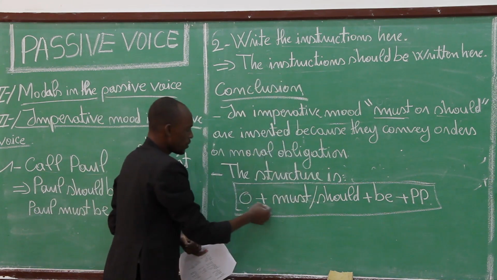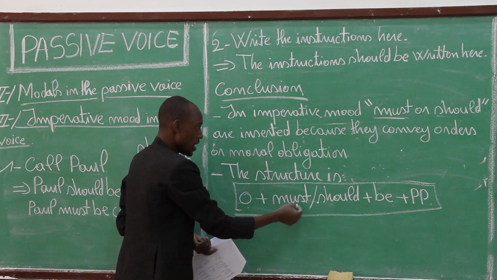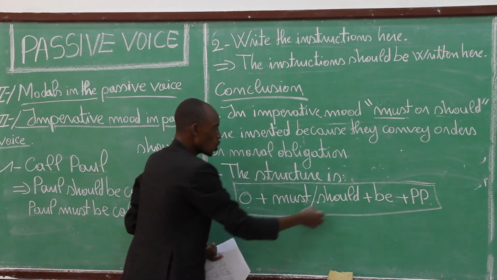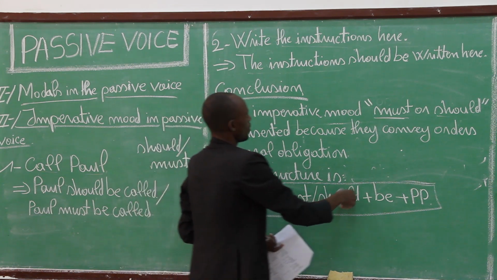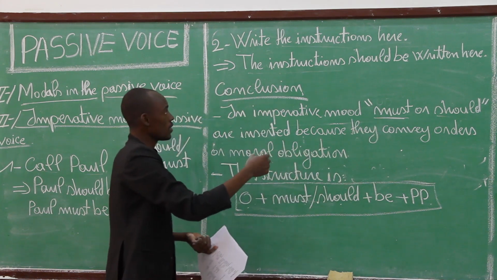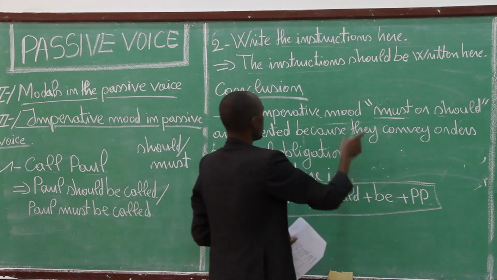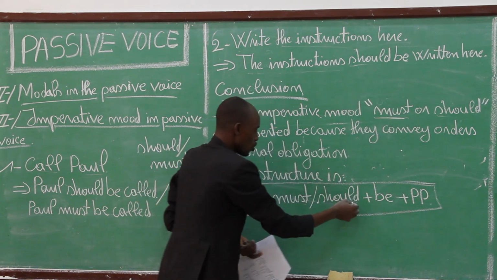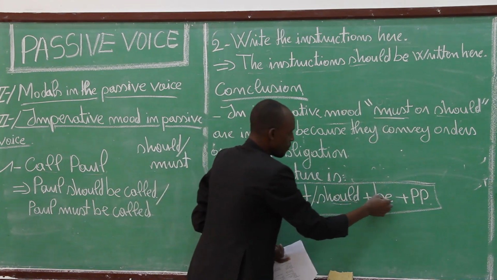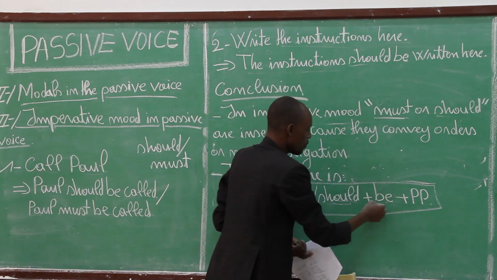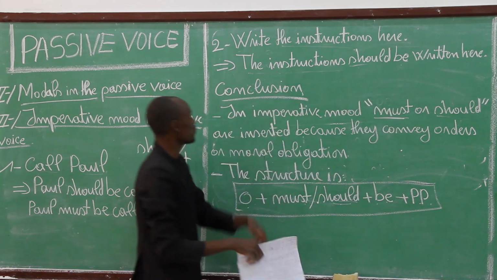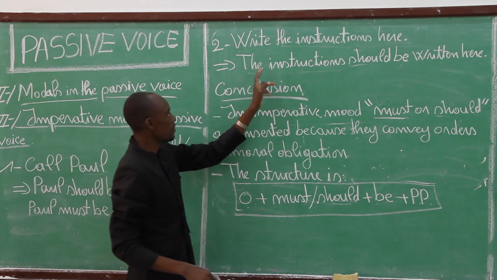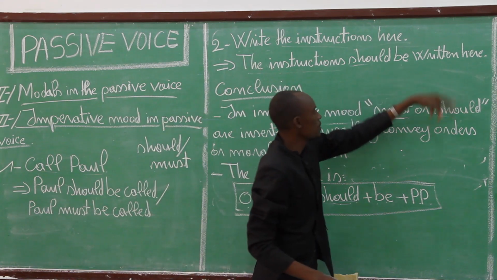And after the object, we must use must or should. It depends on you to make your choice. Should, and after should we have be. After be we have the past participle of the verb. We have: The instruction should be written here.